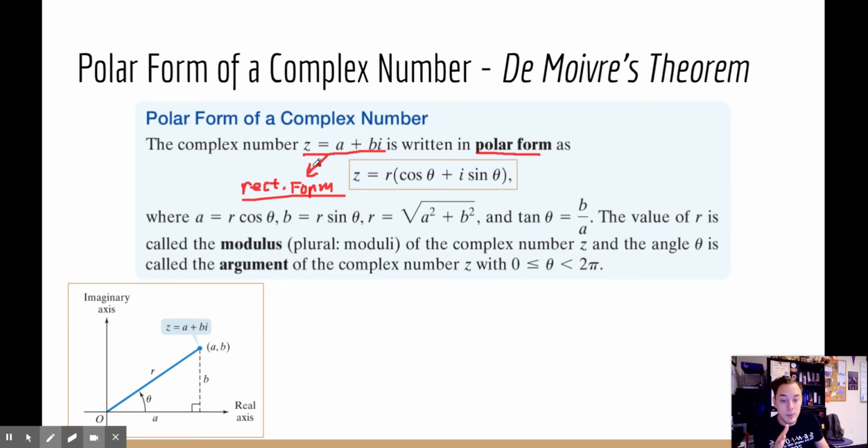So this complex number is still rectangular form. This is what we call, obviously, polar form. Why? Because it's using R and thetas, where rectangular form is using A's and B's. So A and B's, rectangular form; R and thetas, polar form.